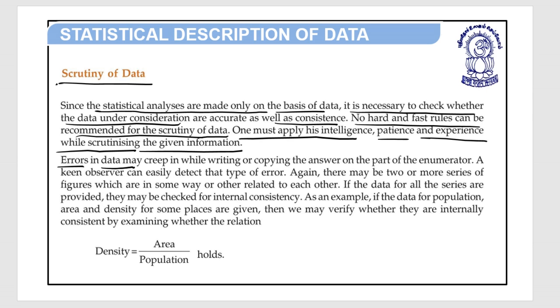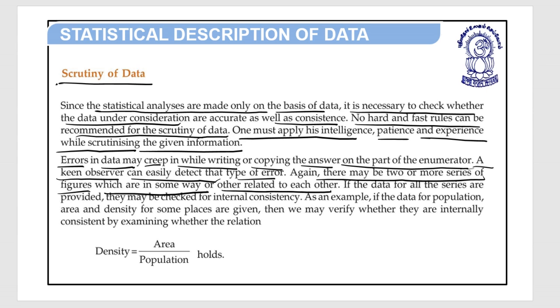Errors in data may creep in while writing or copying the answer on the part of the enumerator. A keen observer can easily detect that type of error. Again, there may be two or more series of figures which are in some way or other related to each other.